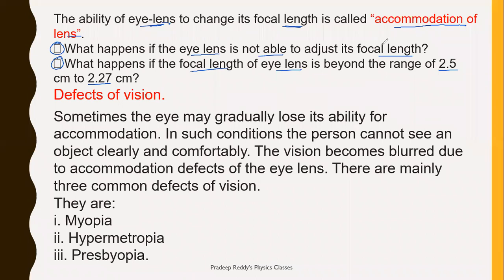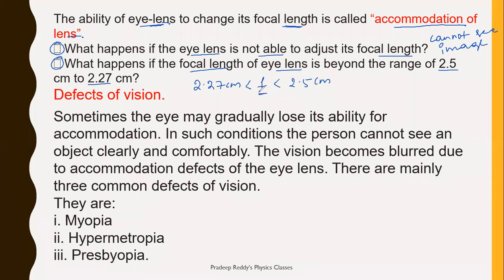Right? So the first question: what happens if the eye lens is unable to adjust the focal length? We cannot see the image, then obviously that will be a blind condition. And in question 2, what happens if focal length of the eye lens is beyond the range? The range is between 2.27 centimeter and 2.5 centimeter.